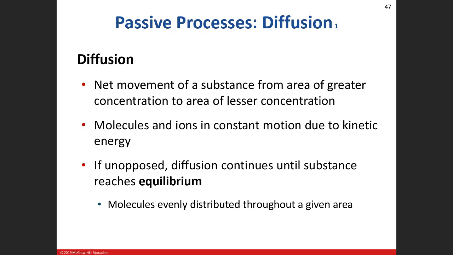As long as we don't do anything to interfere with the concentration gradient, once those molecules are moving down the concentration gradient, we're going to reach that point of equilibrium.